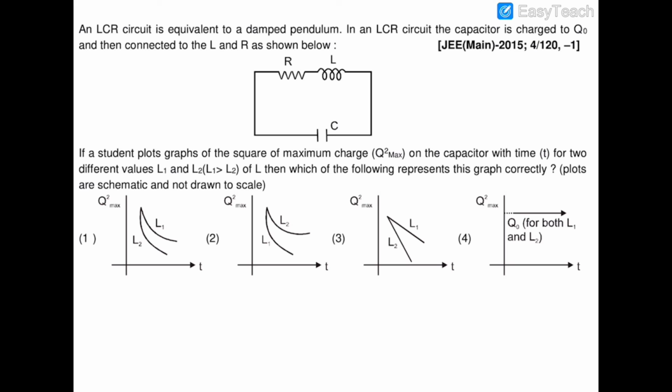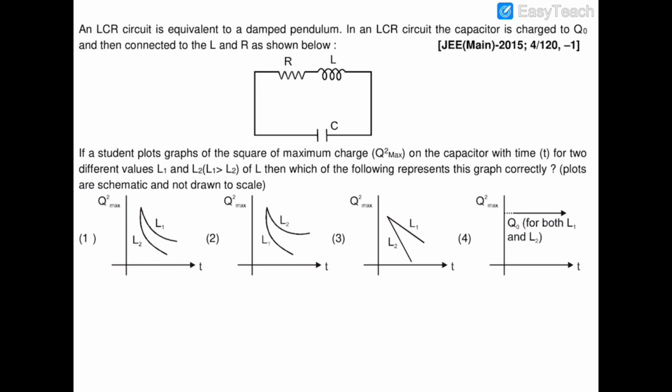But if we include resistance in the circuit, then the resistance will dissipate the energy of the circuit, and hence that will be equivalent to a spring block system which will have some friction or some dissipative force, or it would be equivalent to a pendulum having some dissipative force, as a result of which the oscillation will finally come to an end.